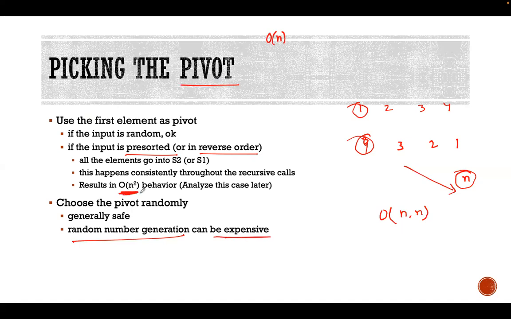If we have n input, we can generate a random number from 1 to n, and we can pick that a[r] as the pivot element. But how do we generate the random number from 1 to n? That's actually another algorithm, and it can be expensive.